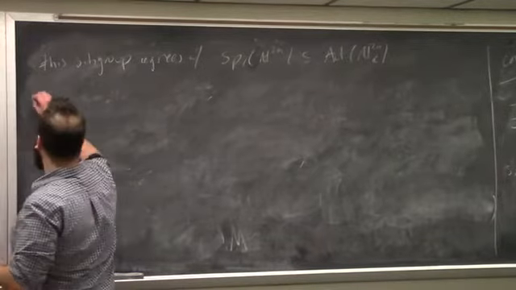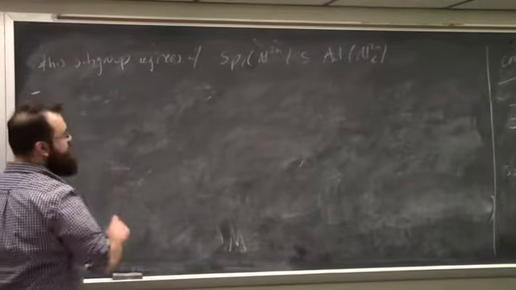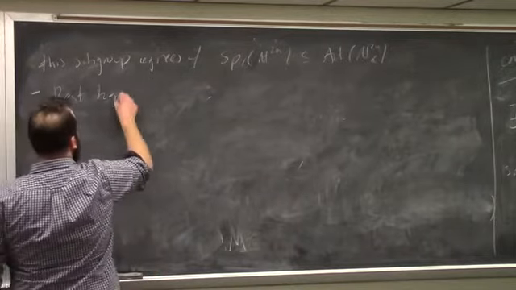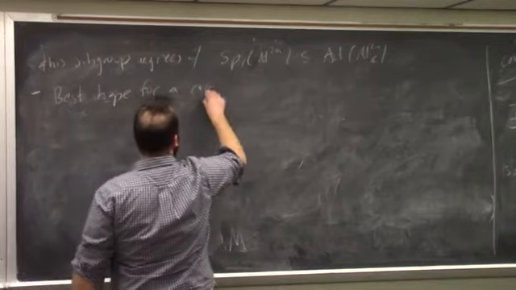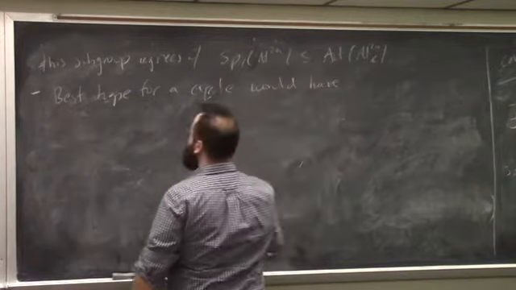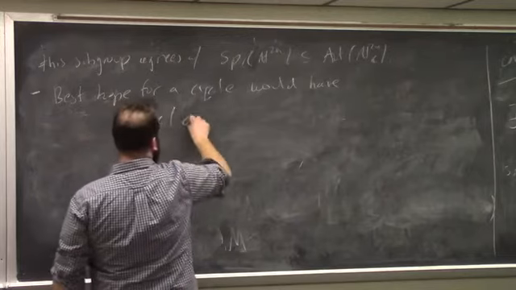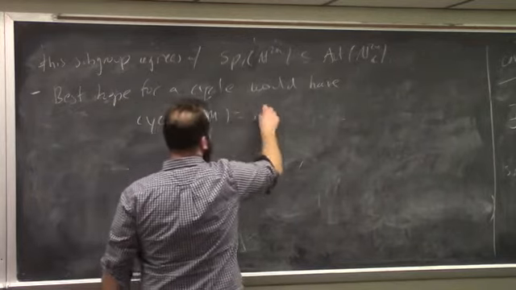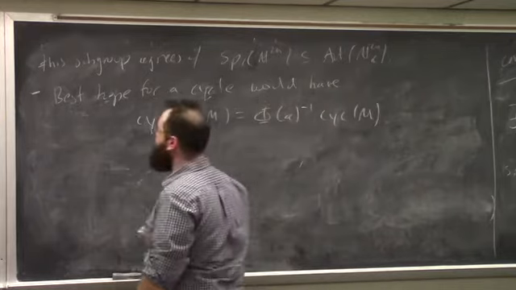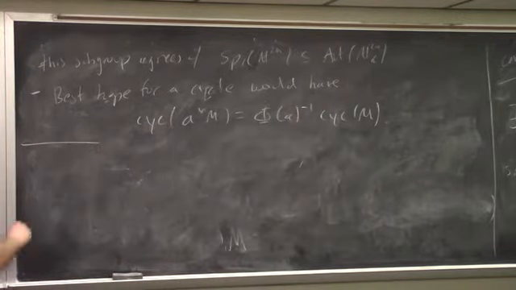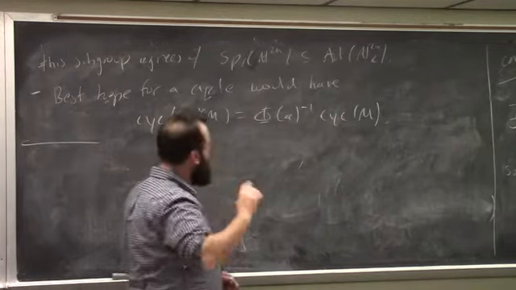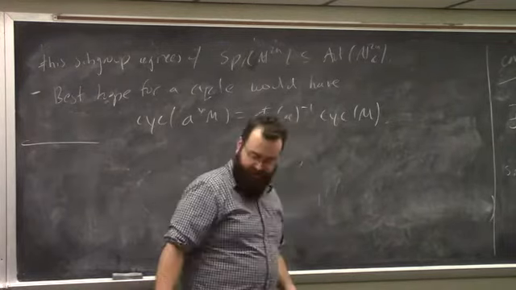And of course, if this conjecture is true, the best hope for a theory of cycles would have the cycle of A pullback M equal to the pullback of the cycle of M by A. So this is a conjecture that's supposed to point in the direction of a more refined and better theory of cycles.